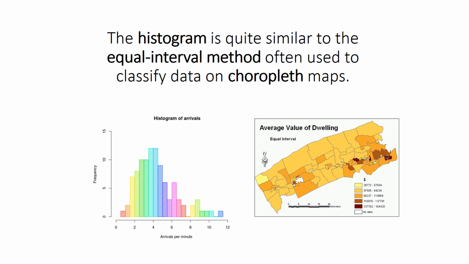The histogram itself is really not unlike a choropleth map. In a choropleth map, we have similar sorts of spatial extents. They're not even, but essentially what we do is we're defining a boundary, a bin, much like we do over here on the left. And then we just count how many things are in that bin. We may calculate other things like the mean for that. We may count total population.